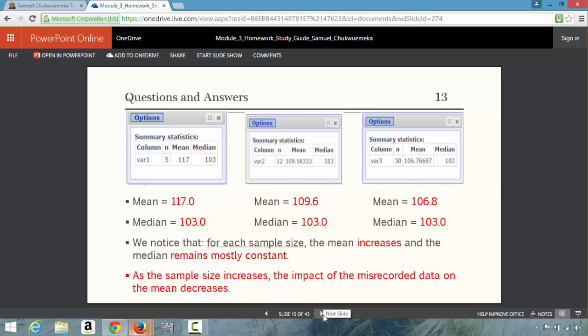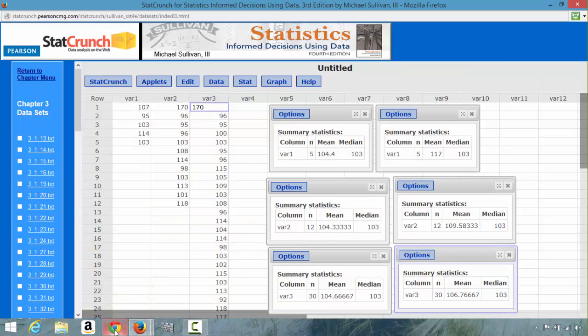In each case, the mean increases for each sample size. The mean increases and the median remains mostly constant, for each sample size. Okay, you see from here, 104.4 to 117, the mean increased, because you changed it from 107 to 170.